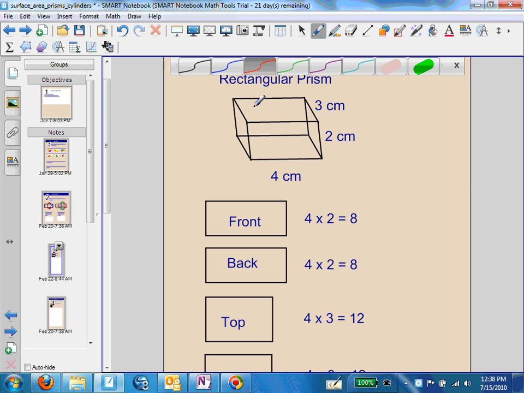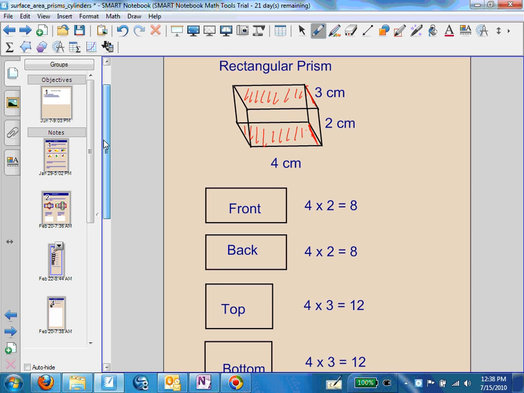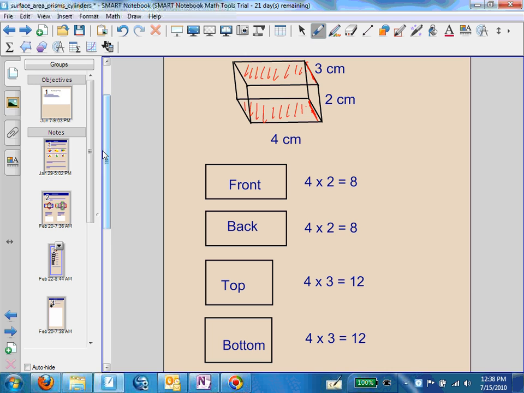And then we have a 3 here. So the top is 4 times 3, which is 12. The bottom is going to also be 4 times 3. They're parallel to each other and congruent. We have a length of 4 here and a length of 3 here, because those are congruent to each other. So the top and bottom will also be 4 times 3 each, which is 12.